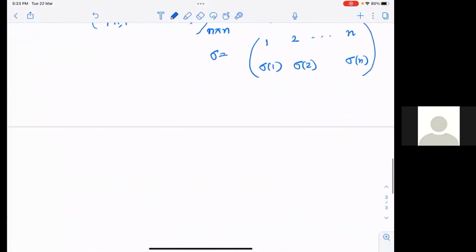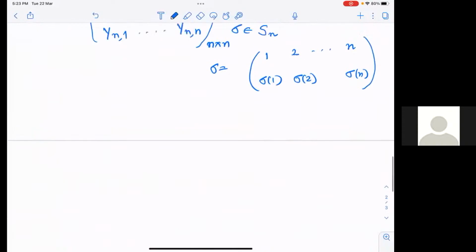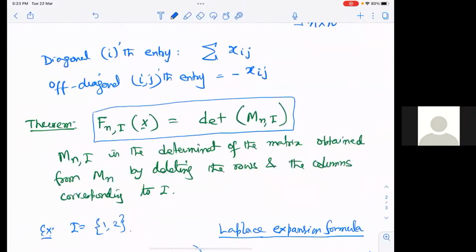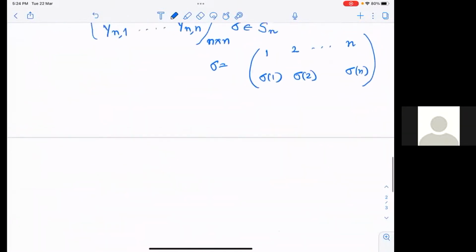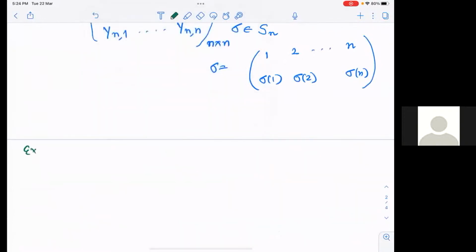Okay, so let's do a few examples. So remember that I want to prove that the forest count equals the determinant of, technically I should write it with x, because this is also a symbolic determinant. Let's take some really simple examples. Let's take I to be the empty set.